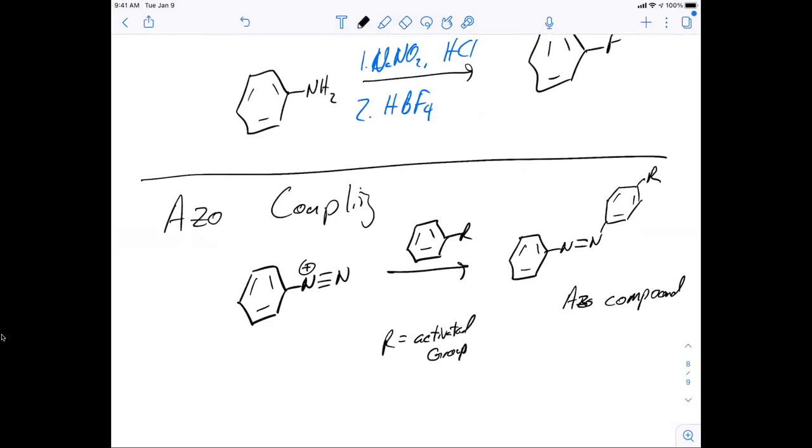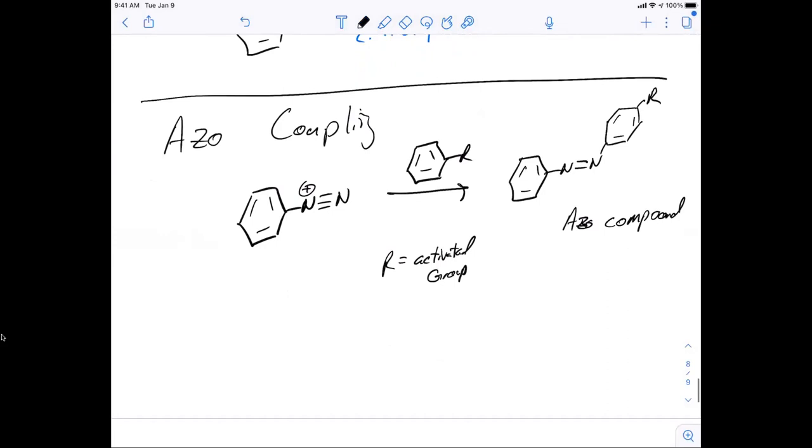R usually needs to be some type of activating group, so hydroxides, methoxides, nitrogen containing compounds are all good. Okay, that's going to give us an azo compound, the way this works, and I'm going to use the phenol here for this one.